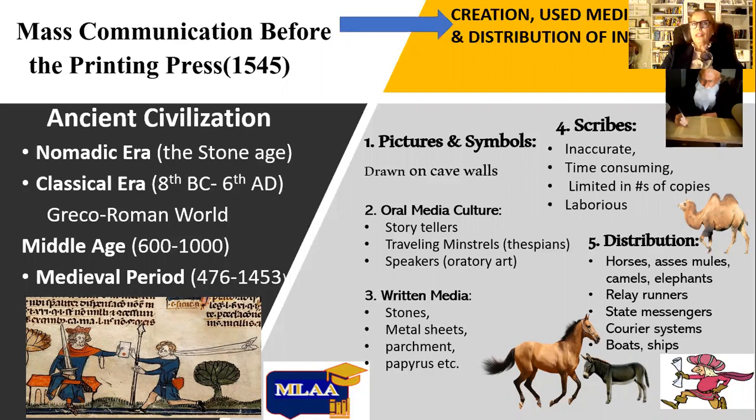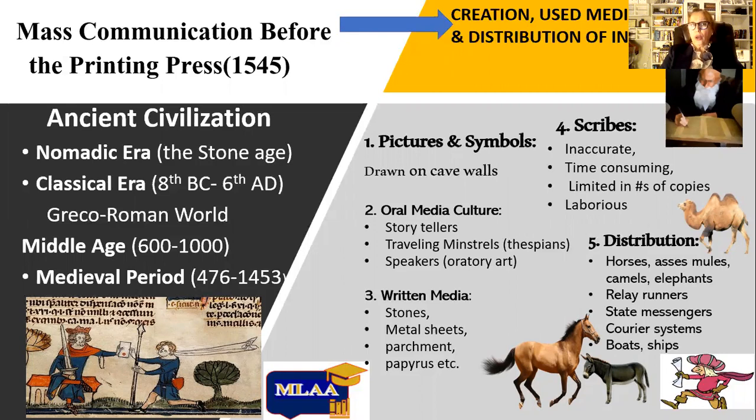Later, when the alphabet was discovered, laws and important announcements were carved in stone or on metal sheets, papyrus, and many other writing materials. We also know that scribes used to write messages and information on those mediums, which in itself was an innovative, great way of communicating at that time.